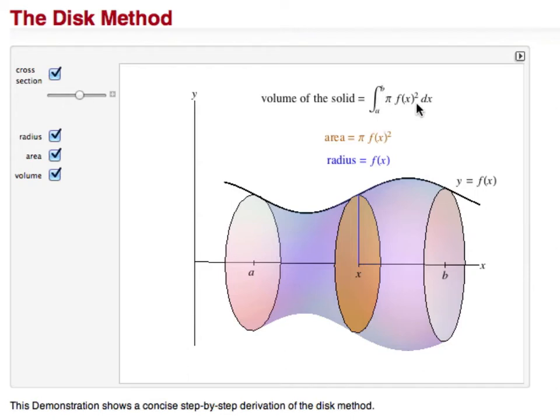So it's the area of the circle, which is pi times the radius squared, or pi f of x squared, times the height of the circle, which we're going to let equal dx, which remember goes down to 0. So all in all, the volume of the solid is going to be the definite integral from A to B of pi times f of x squared dx.